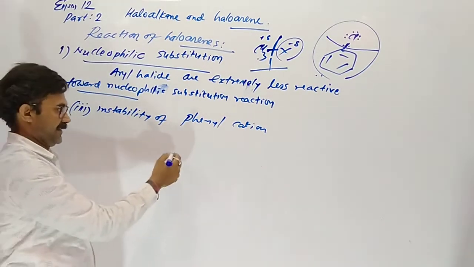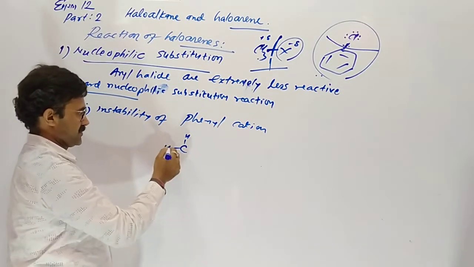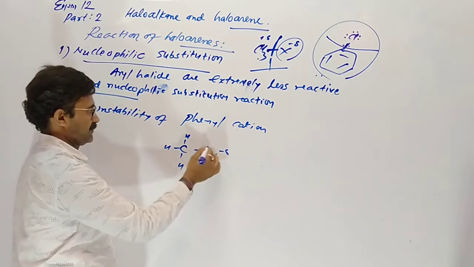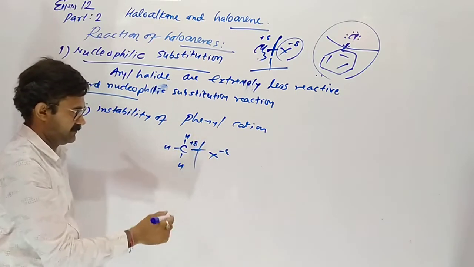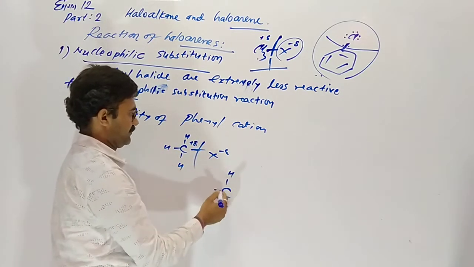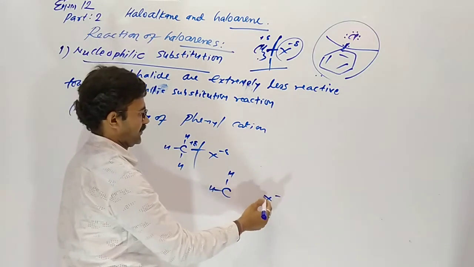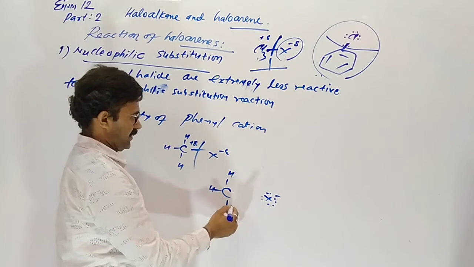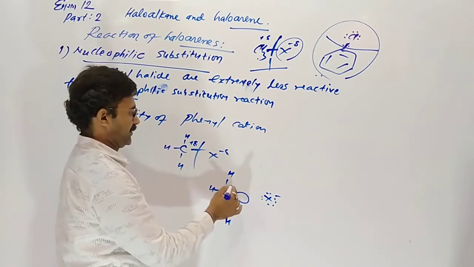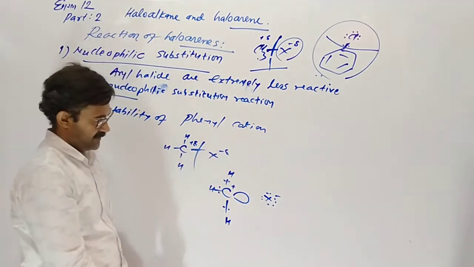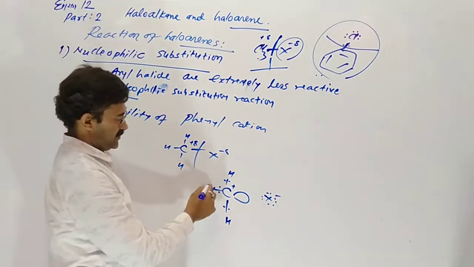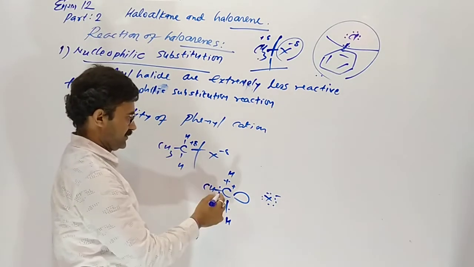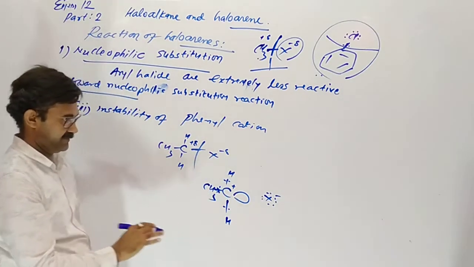In haloalkane, once the bond is broken, both electrons move with the halogen. So now it has one empty orbital in the carbocation. Suppose a CH3 group is present, so it will be stable.